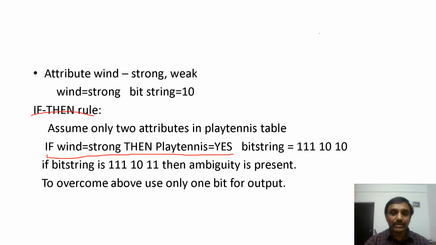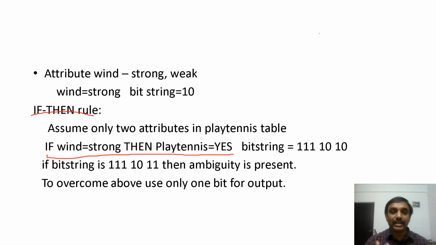So whatever the outlook value may be, depending on the wind value, we are taking play tennis yes or no. What is the meaning of that? Whatever the outlook value may be, any value for outlook is considered. That is the most general hypothesis. All are acceptable. In that case, 1 is the case.